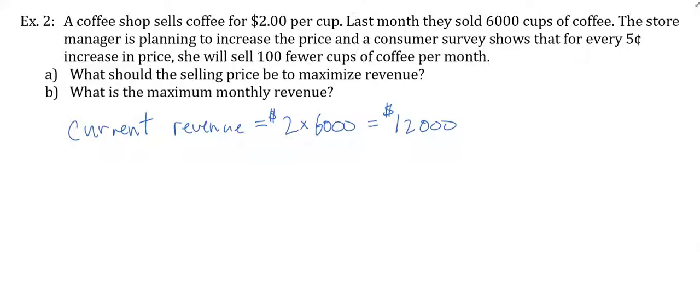That's how you find revenue. And the current price was $2 and the current sales was 6,000 cups in a month, I think, right? Yeah, in the month. So what we have to do is come up with the new price and the new number of sales, expressions for those things, and then when we multiply them together, that'll give us the revenue.